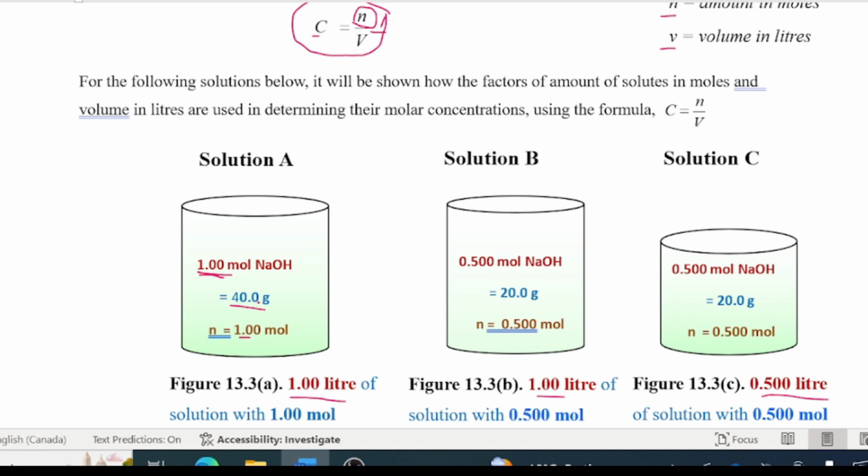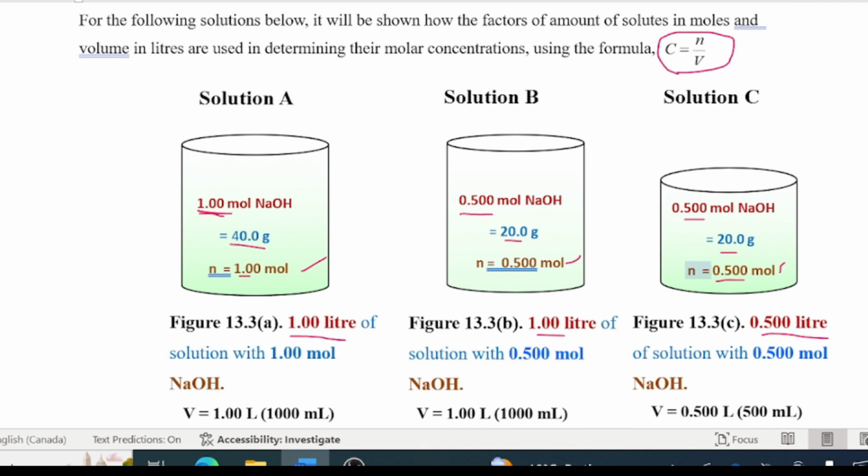So 1 mole of sodium hydroxide dissolved in 1 liter here. Over here, we have 20 grams of sodium hydroxide, which is equal to 0.500 moles. Okay, so n is equal to 0.500 moles. In this case, we have the same 20 grams, and when you do the calculation, it also turns out to be 0.5 moles of sodium hydroxide inside here.